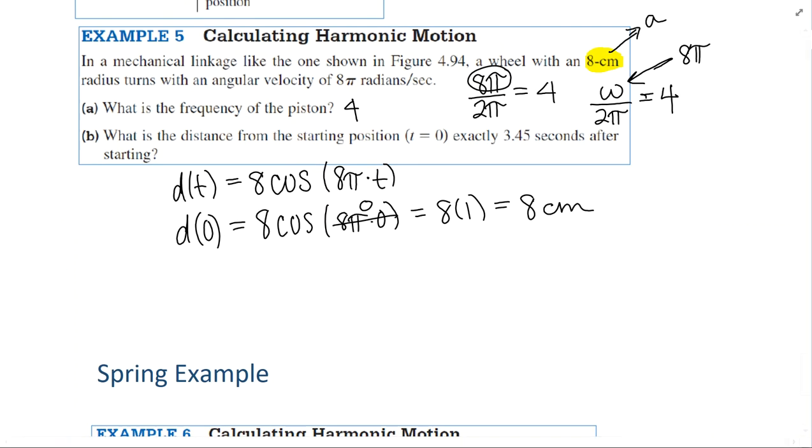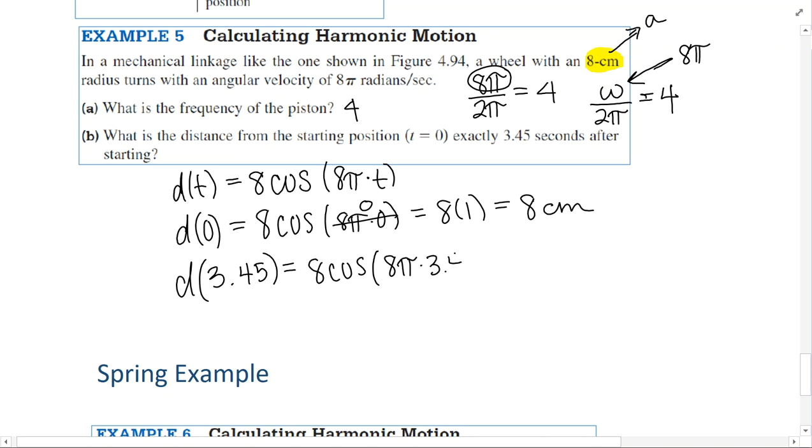All right, so now we're going to find the distance after 3.45 seconds. So we're going to plug in 3.45 for t. So 8 cosine of 8 pi times 3.45. This is all done in your calculator. Make sure it's in radians mode.